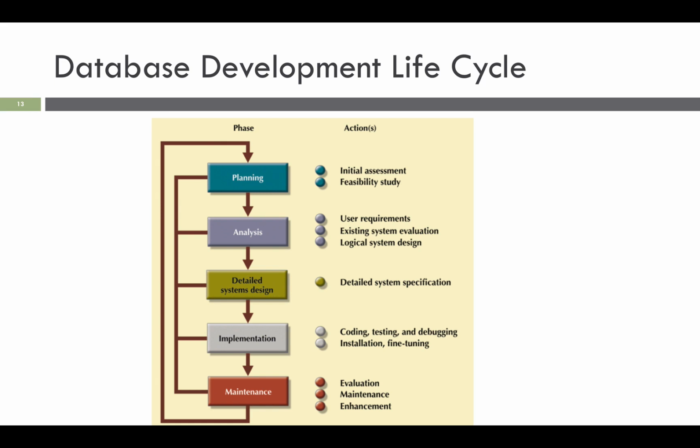The second phase is to examine problems defined during the planning phase in greater detail to get a better understanding of the system functional areas, actual and potential problems, and opportunities.